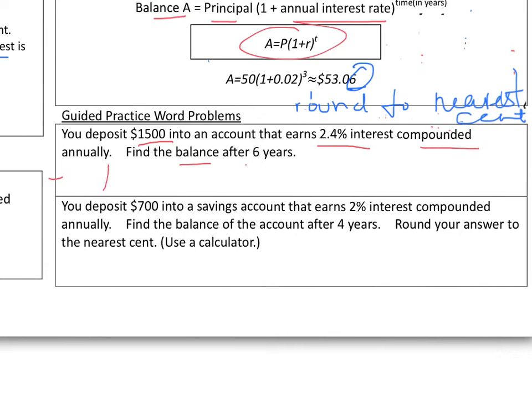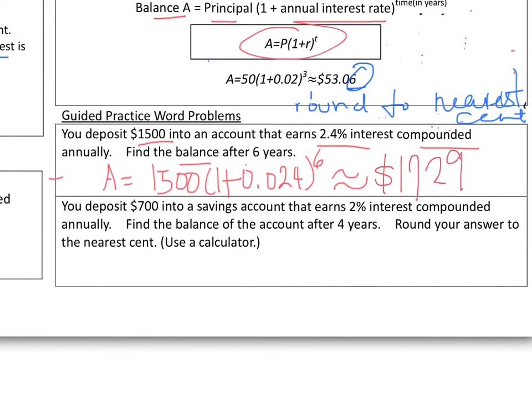So we just write A equals 1,500 times 1 plus 2.4% or 0.024 to the 6th power. And you can simply use the calculator. And you would get 1,729.38.